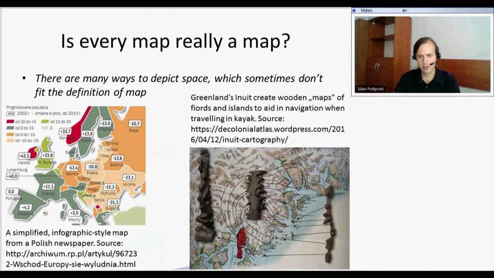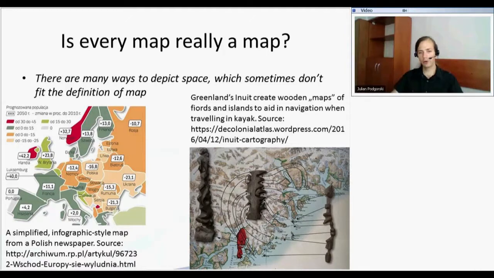In this way, it serves as a map. It has its graphical symbols, we could say. Since the carved part is a graphical symbol for bay, the not carved part is a graphical symbol for peninsula.